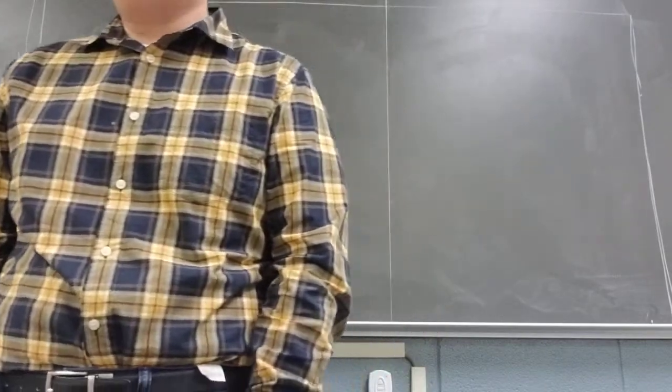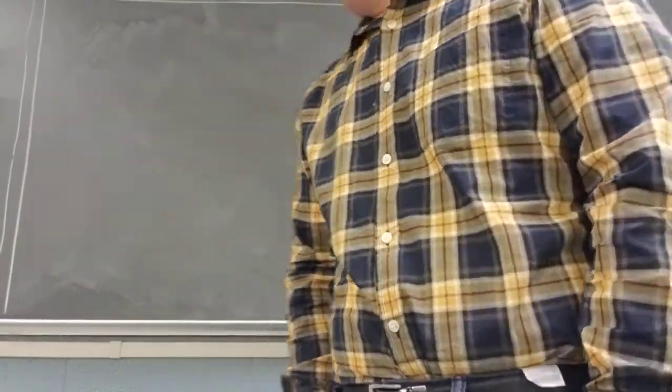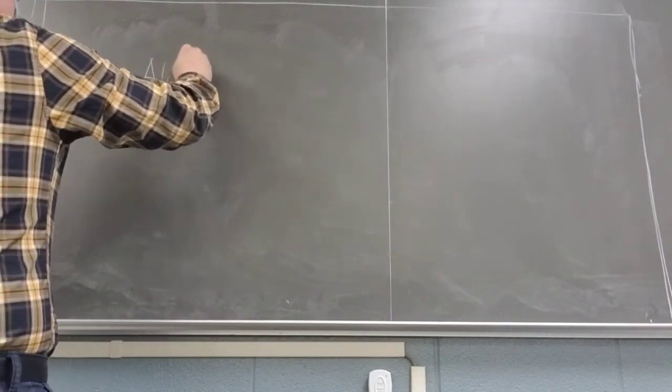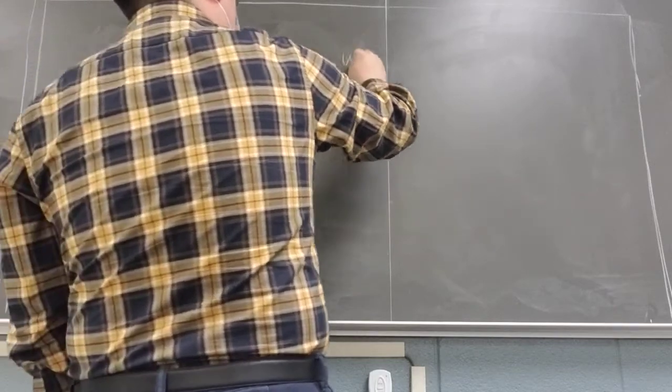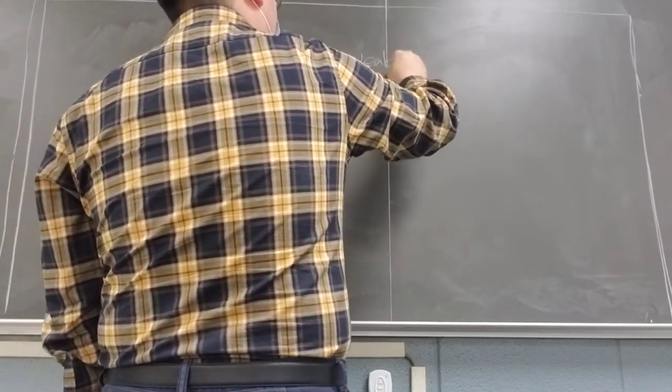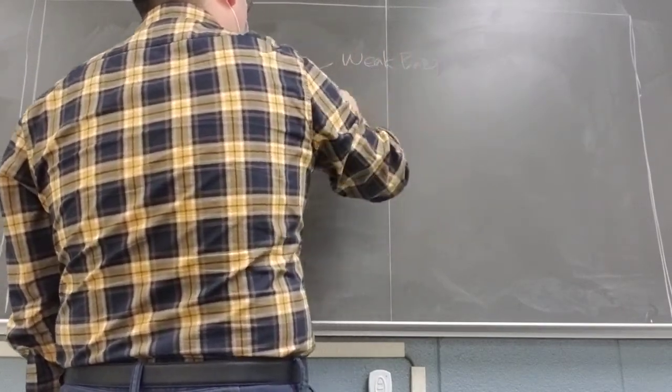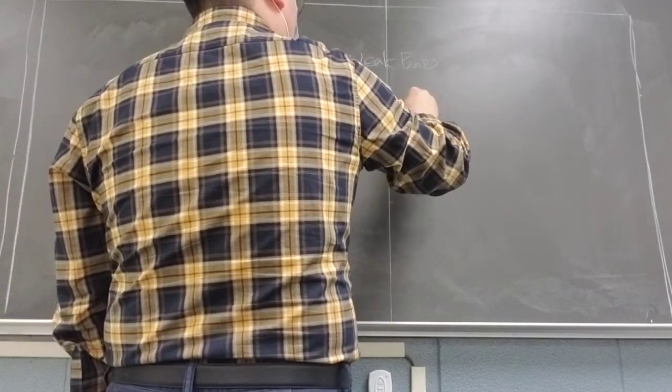All right, so let's continue on chapter 17. We talked about the alcohol compound, or phenol, which can be either a weak base or a weak acid.